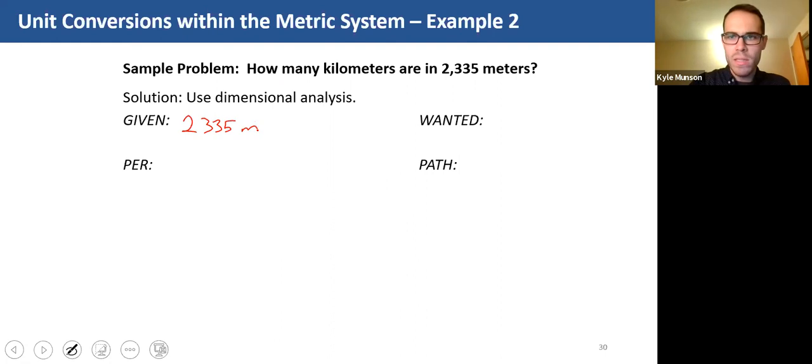We want kilometers. Our per path here is that there's 1 kilometer per 1,000 meters.